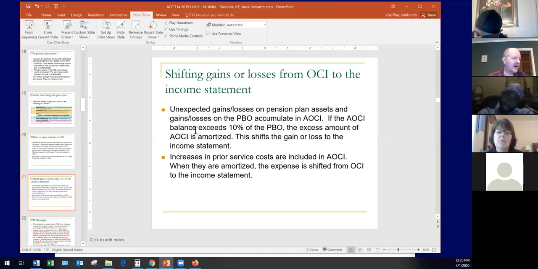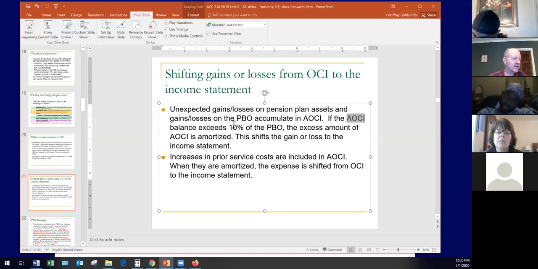If the AOCI balance exceeds 10% of the PBO, so if the accumulated amount on the balance sheet gets too big, then they have to start amortizing it. And they've defined too big as bigger than 10% of the liability.